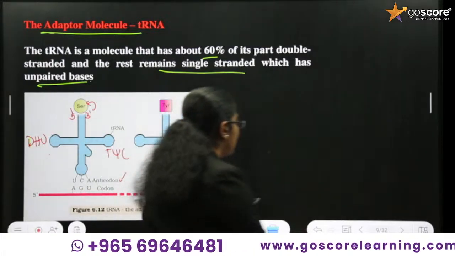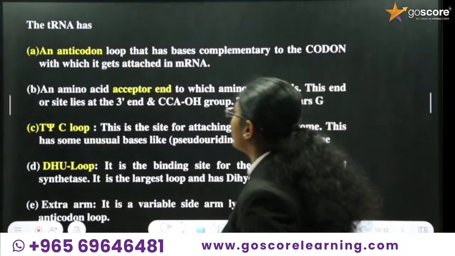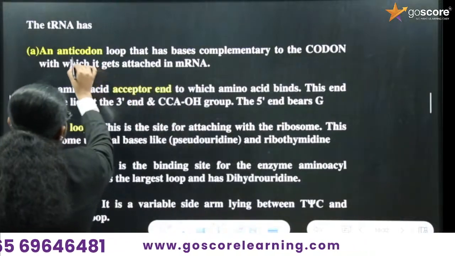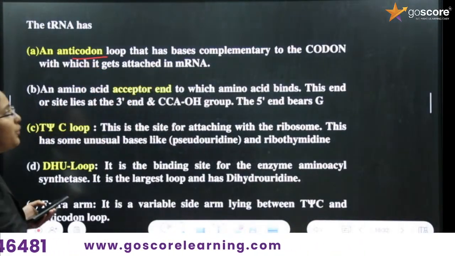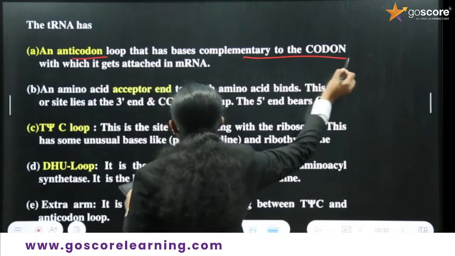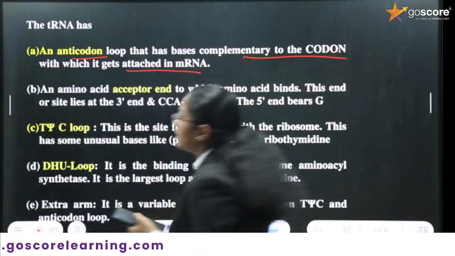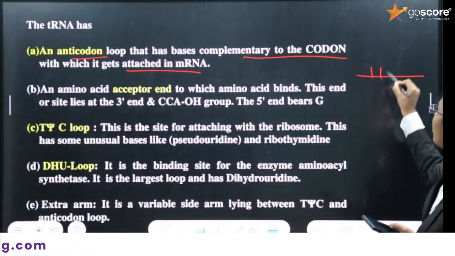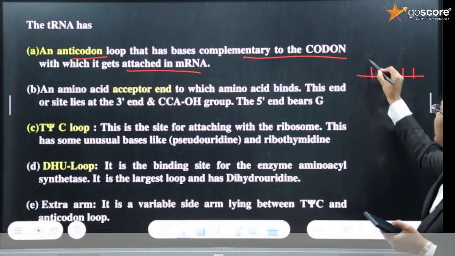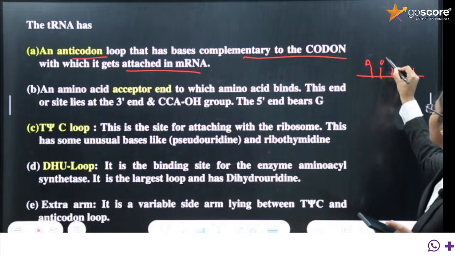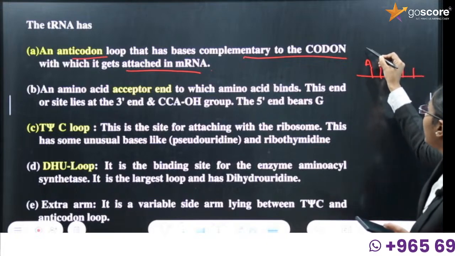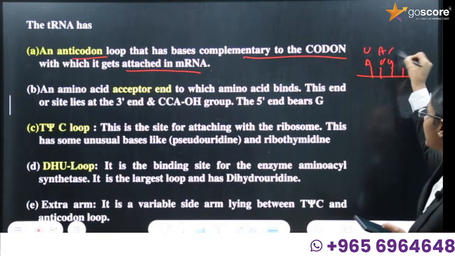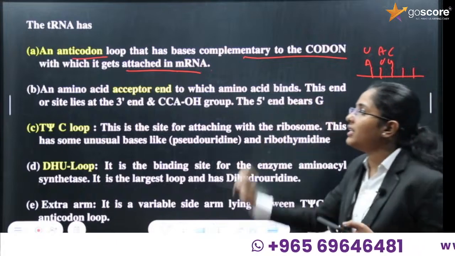Understood the structure? Now we'll move into the description. I told you that there is an anticodon loop, and it is complementary to the codon in mRNA. If the codon is AUG, the anticodon will be UAC.